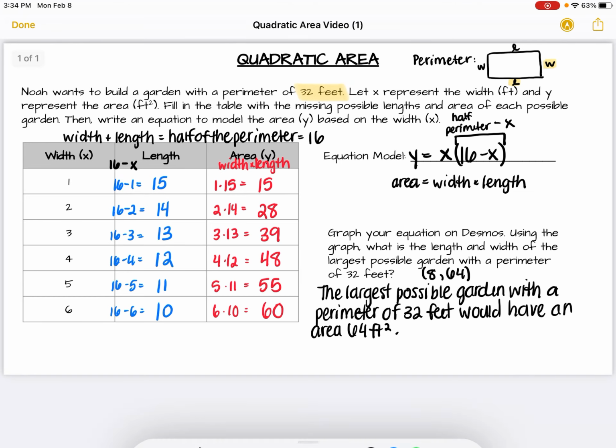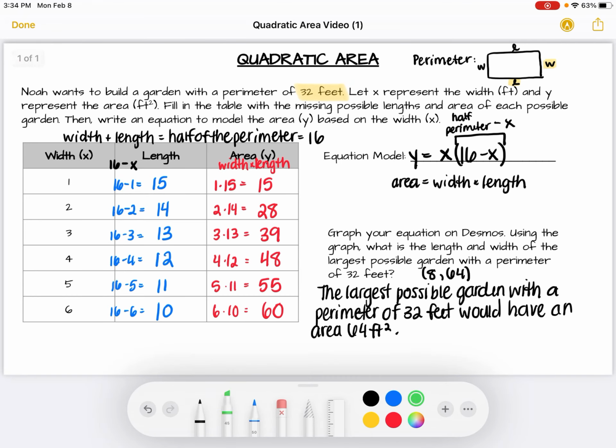So remember, the 64 comes from the y value of 64. That's our area. And then the width is 8 feet. Remember, because x is our width.